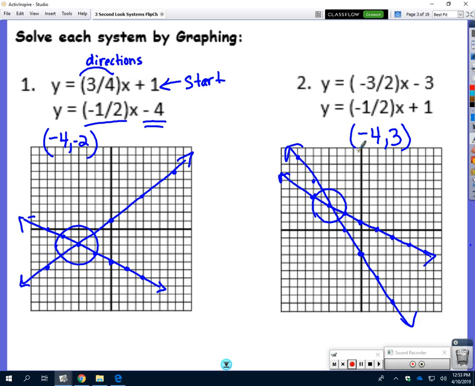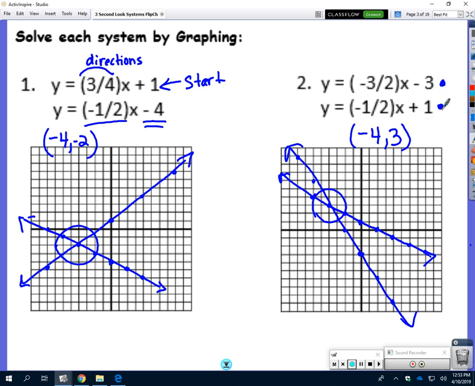Remember, if your equation is in y equals mx plus b, like both of these examples, and you had a calculator, you could put them into your calculator. The first equation into y1, the second equation into y2.